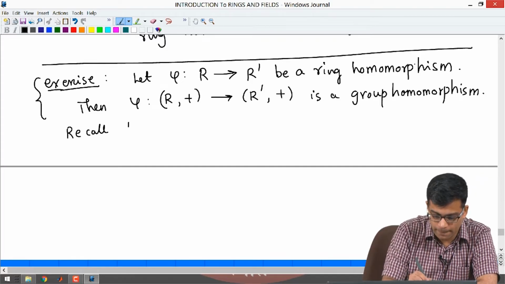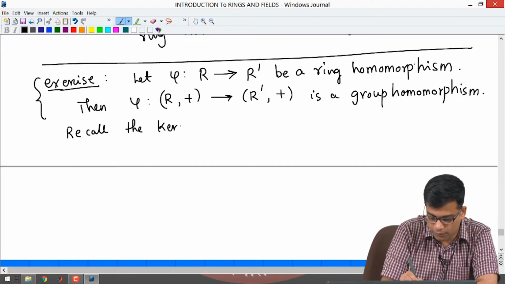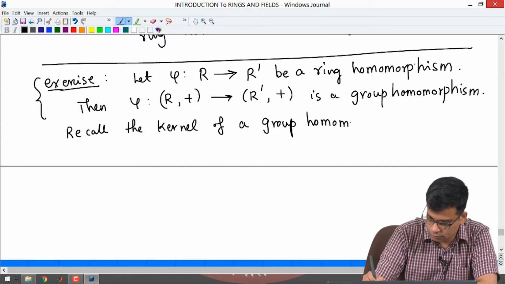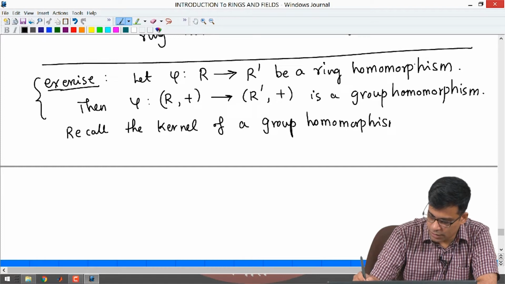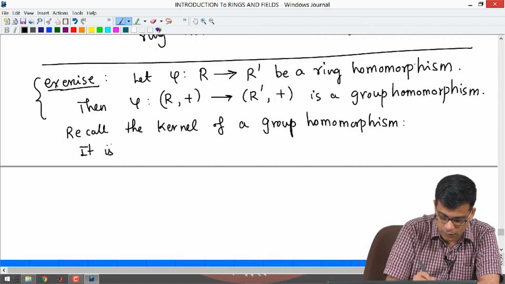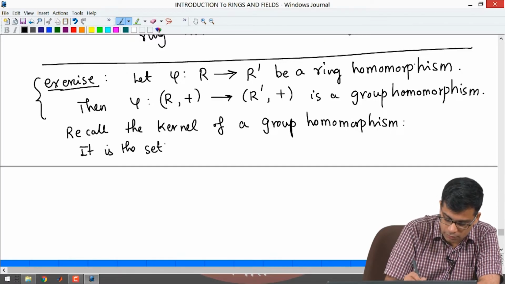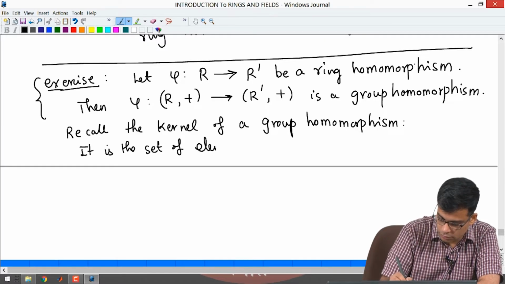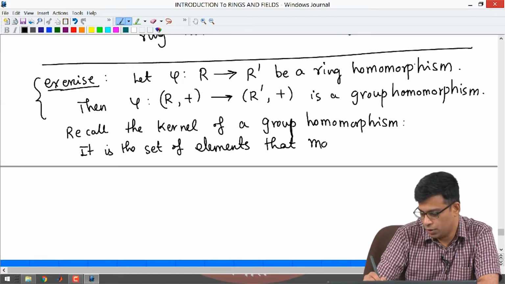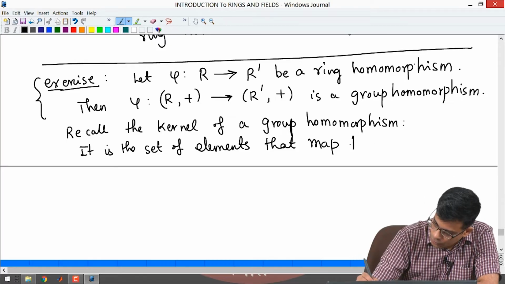So, recall the kernel of a group homomorphism. What is the kernel of a group homomorphism? It is the set of elements that map to 0.